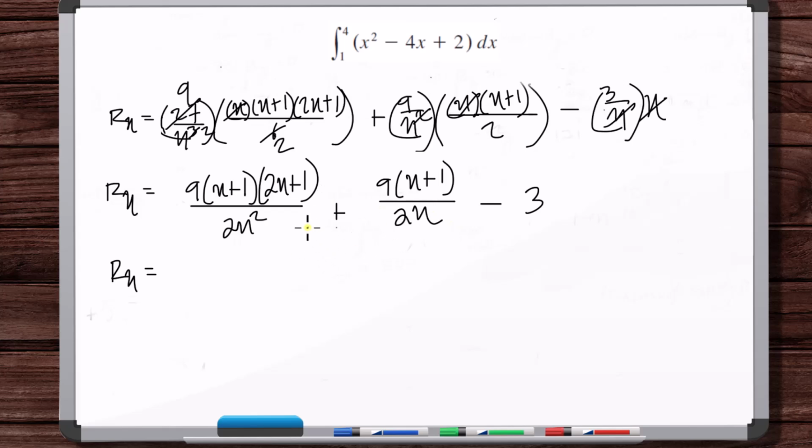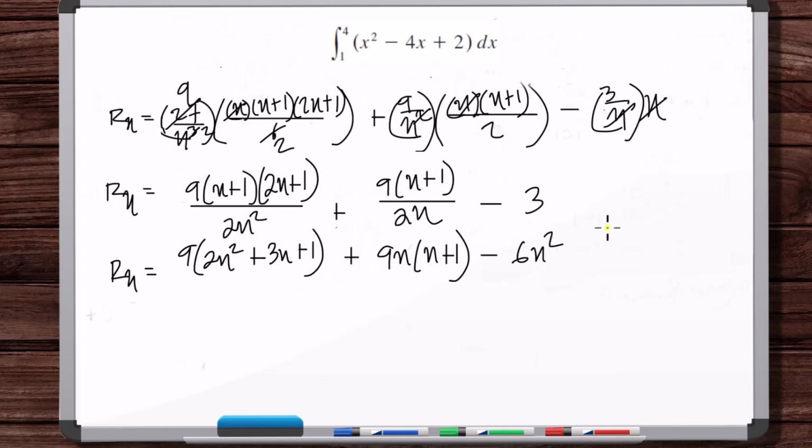So the common denominator would be 2n squared. So we can go ahead and start expanding this. So 9 times 2n squared plus n plus 2n plus 1. Now here we need to multiply an n, so this would be 9n times n plus 1. And then this would be 6n squared. And so then all of this would be over 2n squared.